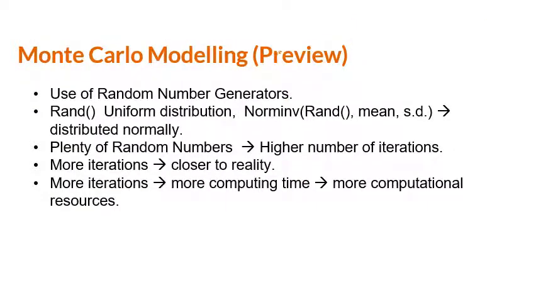Yung Monte Carlo modeling in chapter 12 of Turner class, yung isa sa mga ginagawa doon is yung pag-calculate ng pi using random numbers. Yun yung isang exercise na ginagawa doon sa chapter 12 sa Turner.